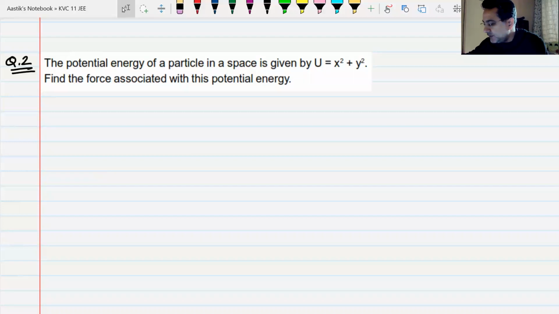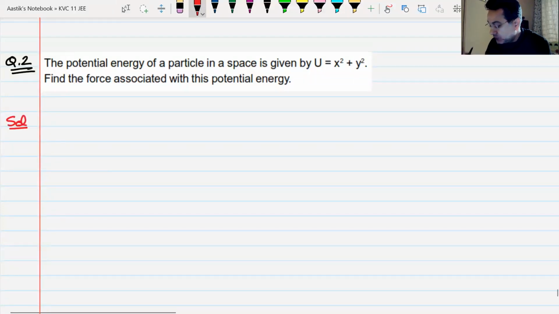So how are we supposed to get this? Remember, energy is given as x square plus y square. I have to find out the force.